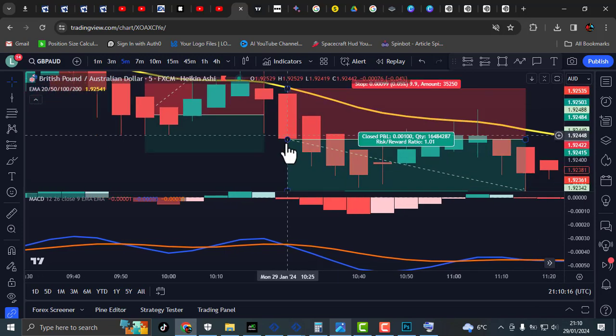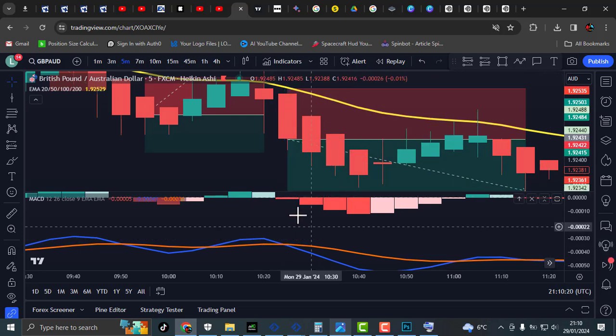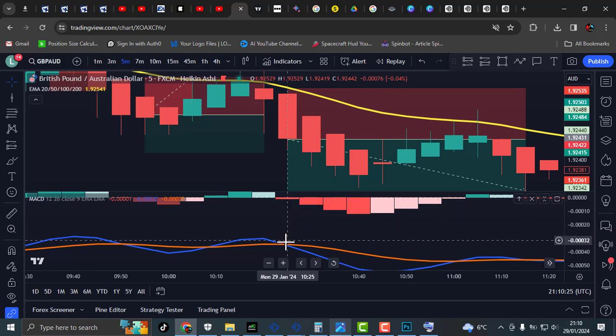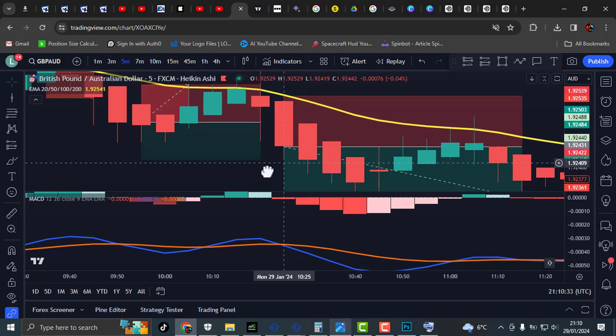And if we look at the gram, we can see it closing in red, and the blue line just crossed below the orange line, which gives us the pressure for selling.